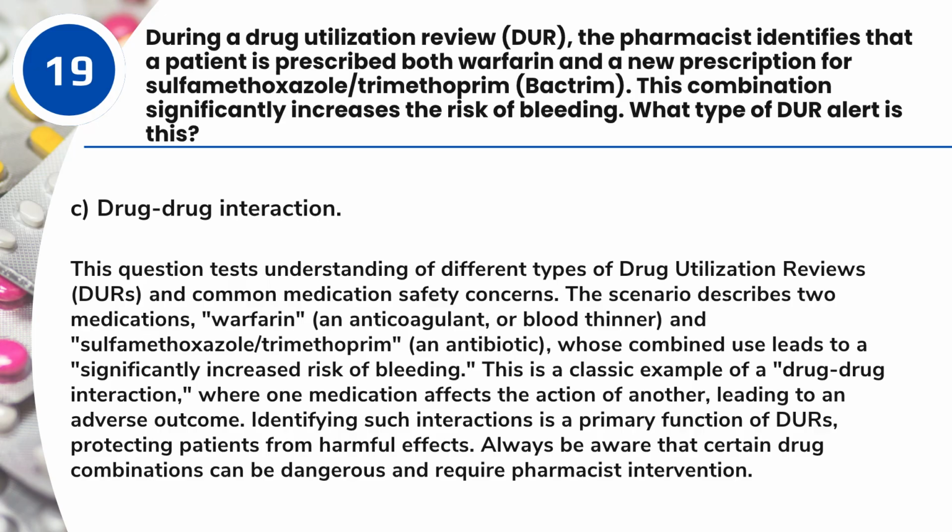This is a classic example of a drug-drug interaction, where one medication affects the action of another, leading to an adverse outcome. Identifying such interactions is a primary function of DURs, protecting patients from harmful effects. Always be aware that certain drug combinations can be dangerous and require pharmacist intervention.